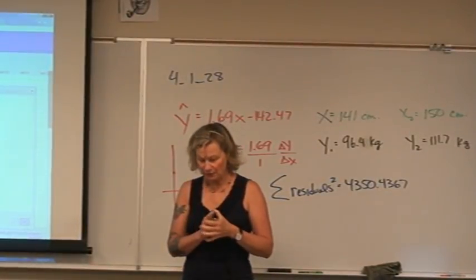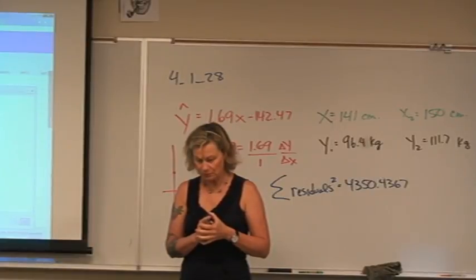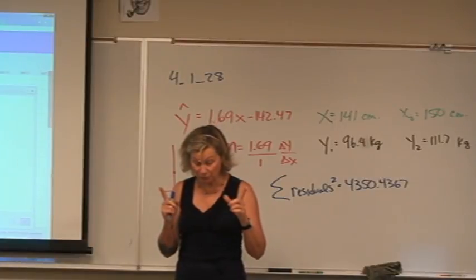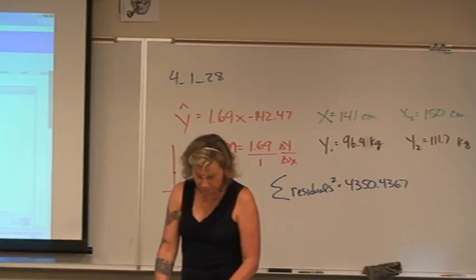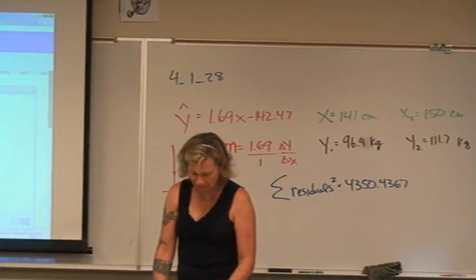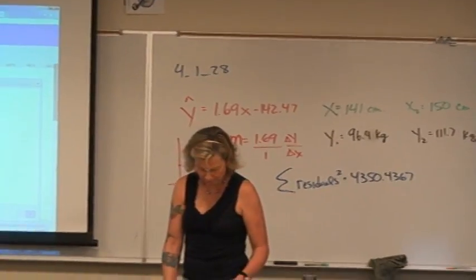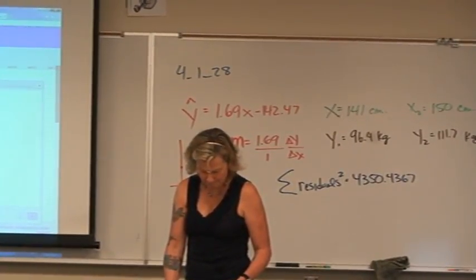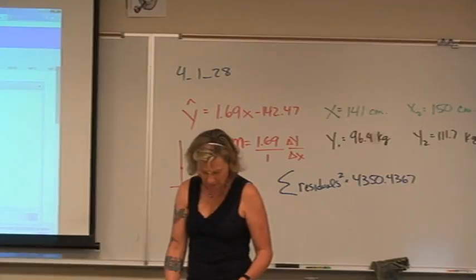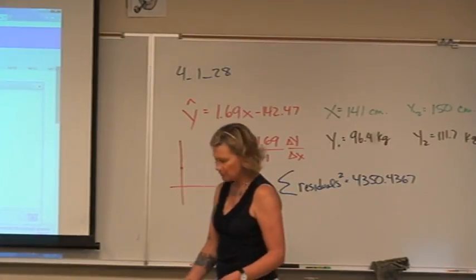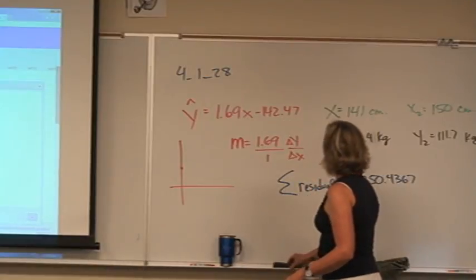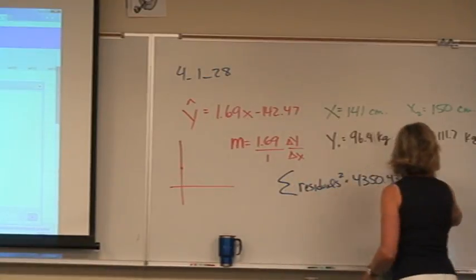Let's see, was there any other thing we wanted to do? Yes, one more thing we want to do. Even though the rest of this stuff looks good, we want to take a look at a residual plot.